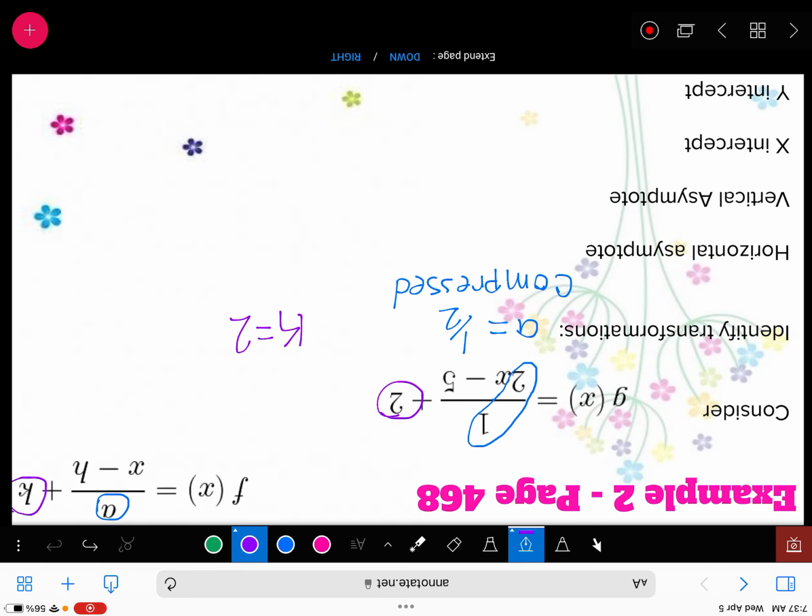Up. K moves us up 2. K is also our horizontal asymptote, where y equals k, y equals 2.